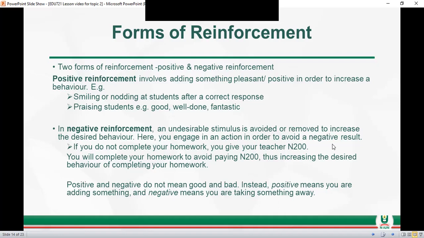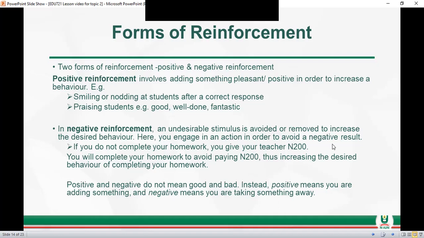What about negative reinforcement? In negative reinforcement, an undesirable stimulus is avoided or removed to increase the desired behavior. Here, you engage in an action in order to avoid a negative result. Let me give an example.